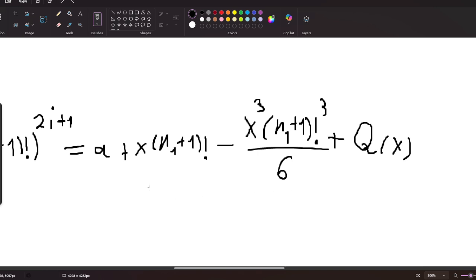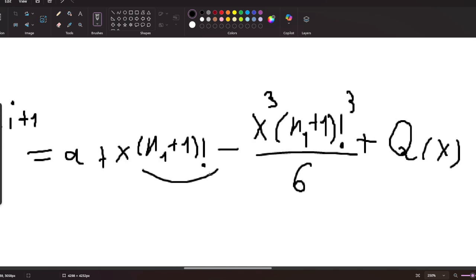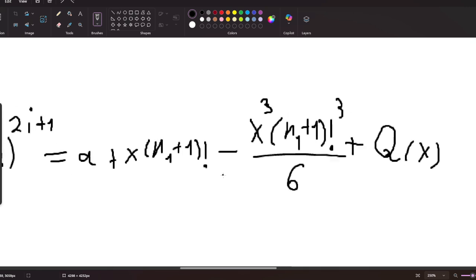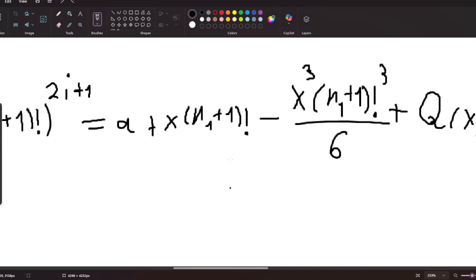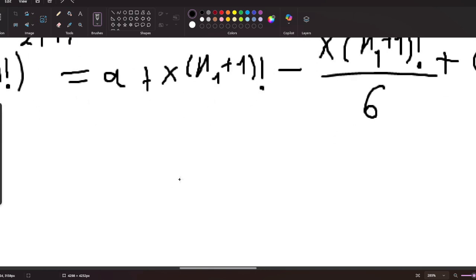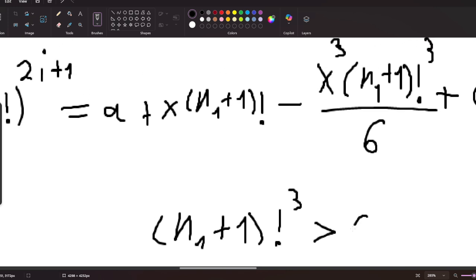Now if we look at this, then you can see n1 plus 1 factorial and this thing. Well, we can always pick n1 sufficiently large, such that n1 plus 1 factorial cubed is going to be greater than x.